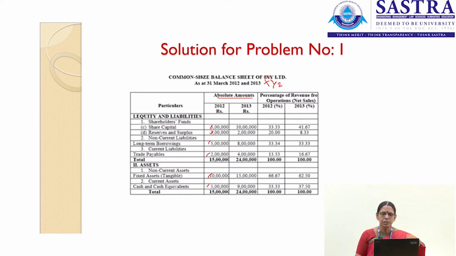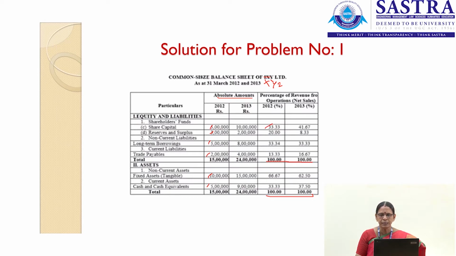Now, we are going to calculate the percentage. As I have already told, the total of the balance sheet will be taken as 100. Now, 15 lakhs is taken as 100, 24 lakhs is taken as 100. Now, see to it, if 15 lakhs is 100, what is 5 lakhs? That is 33.33.